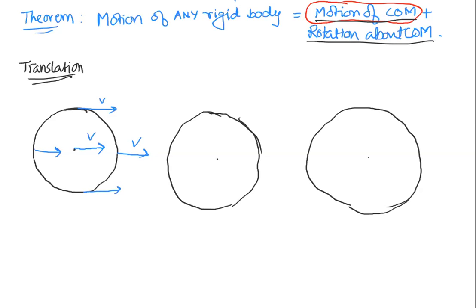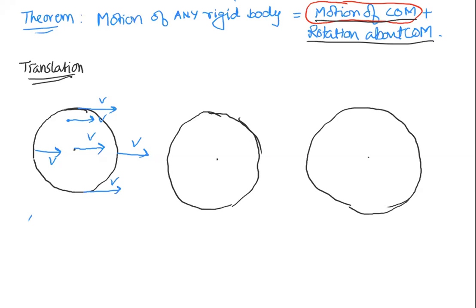Okay? Please notice the definition of translation. I have randomly chosen 5 particles. Any particle on the rigid body must have the same velocity or the same acceleration as the center of mass. We are talking about motion. This is the definition of translation.